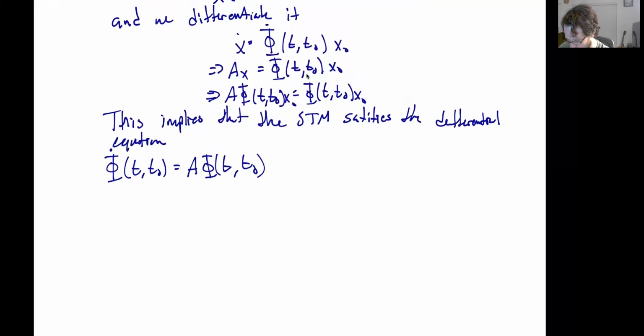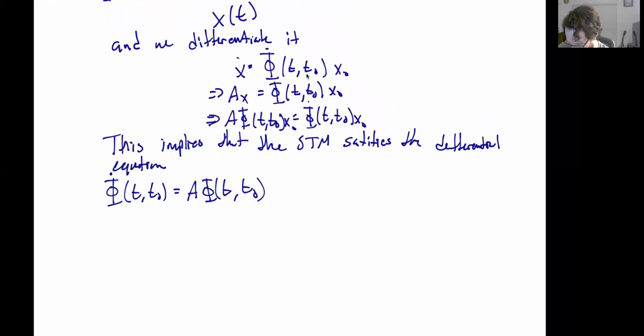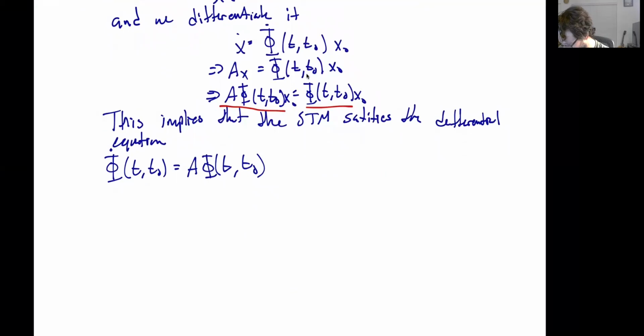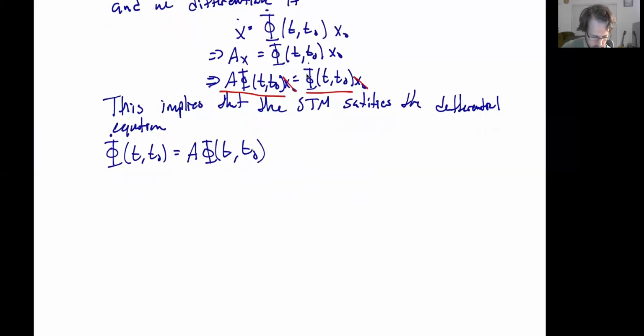Okay, and this is what we showed through here. So if we take this part and this part, removing this x naught, we get that we satisfy this. This implies that we satisfy the solution to our equation.